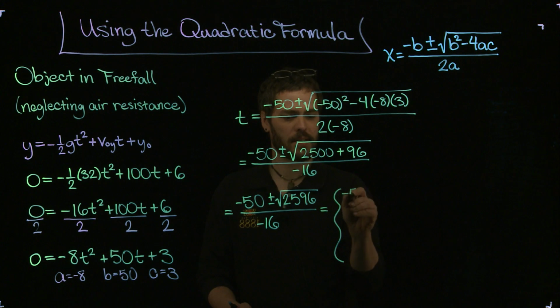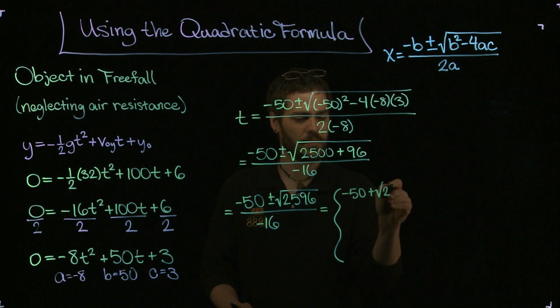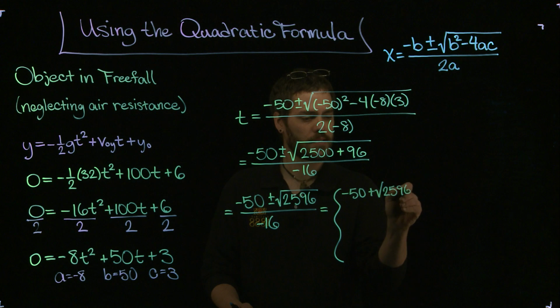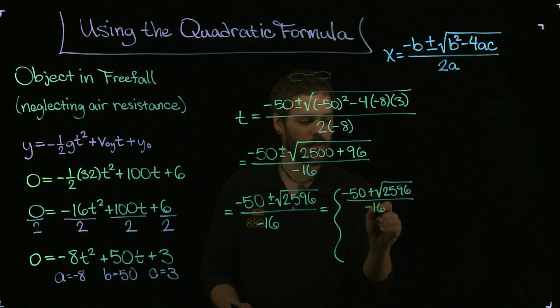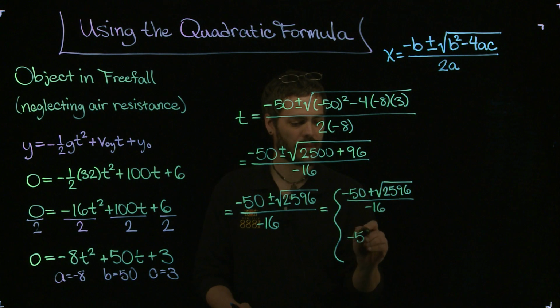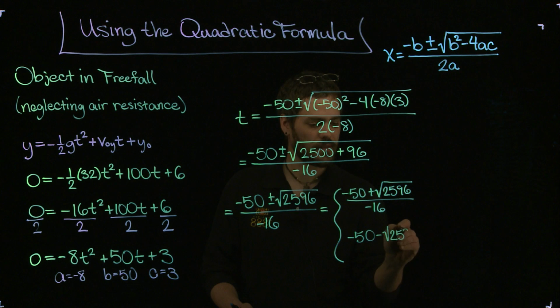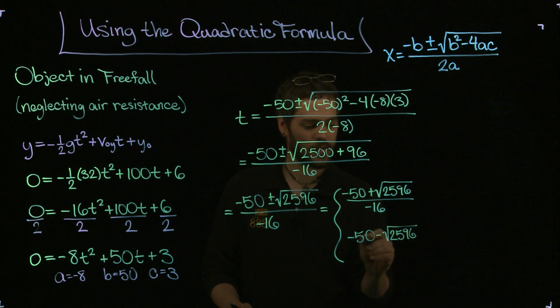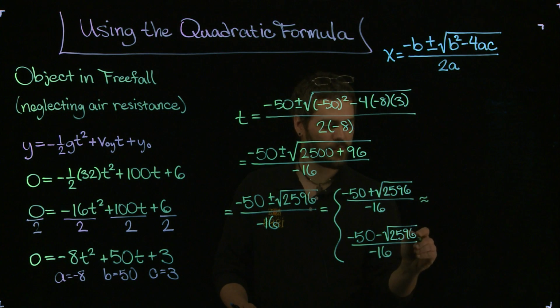Okay, the top one is -50 plus the root of 2,596 all over -16. And the bottom one, -50 minus the root of 2,596 all over -16. And let's get the approximate values for these things.